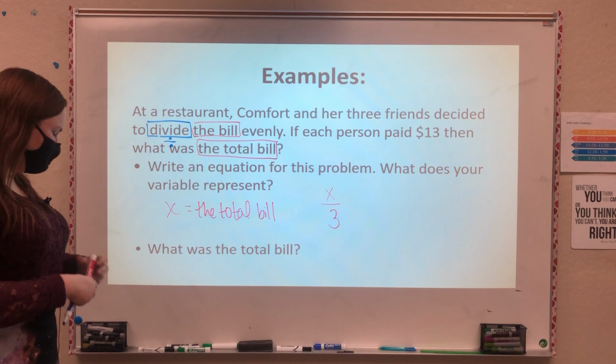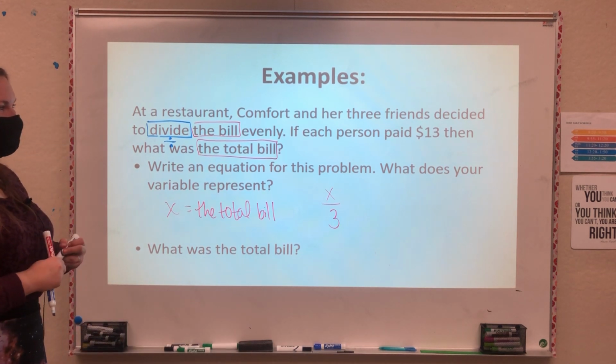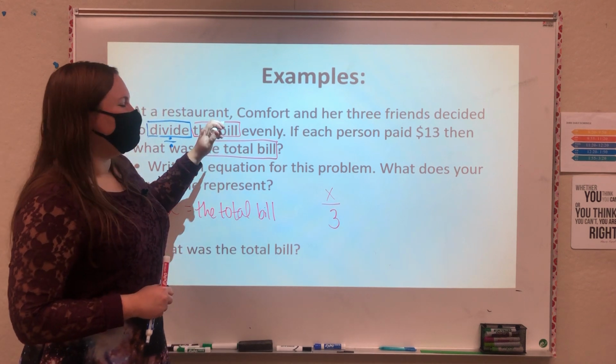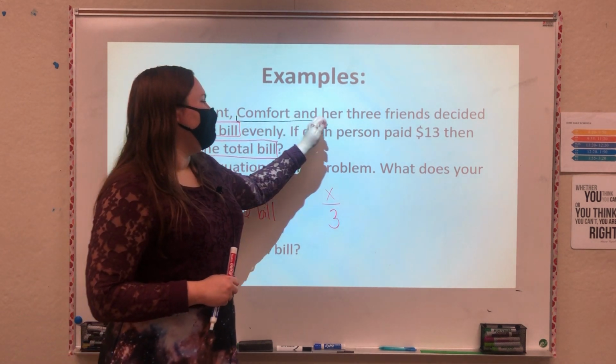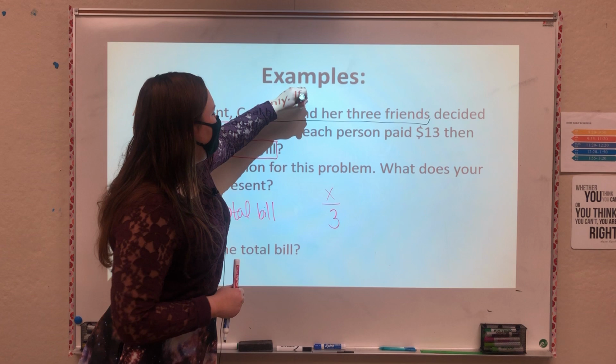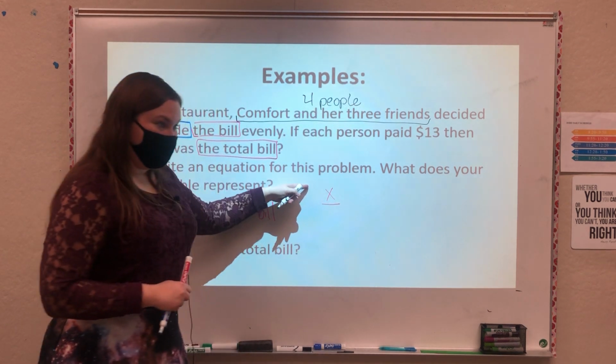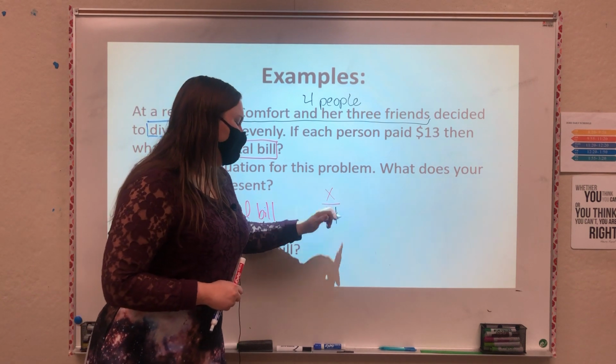4. Where's 4 coming from? I only see the number 3. So, 4. Yeah. This right here is telling me there are 4 people. So we want to divide that bill by 4 people.